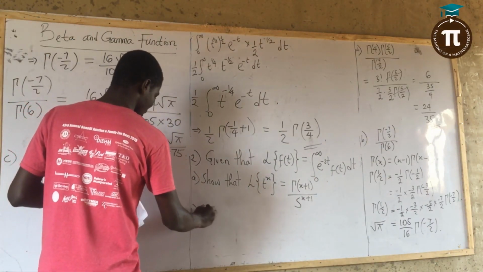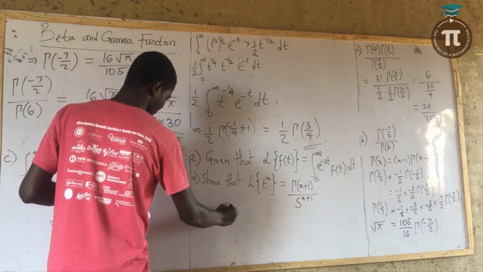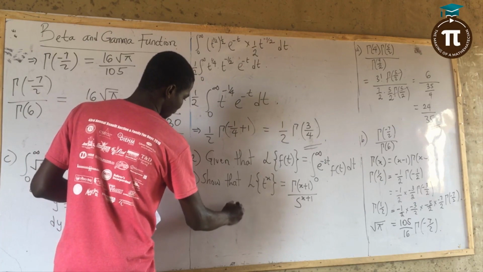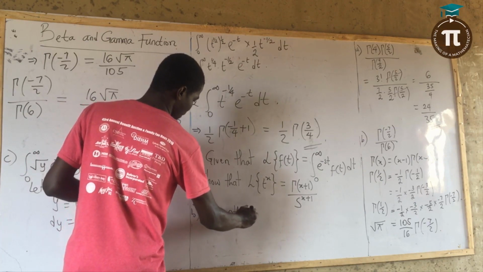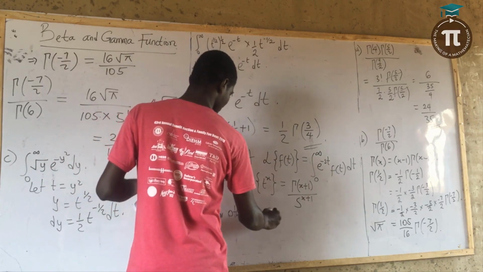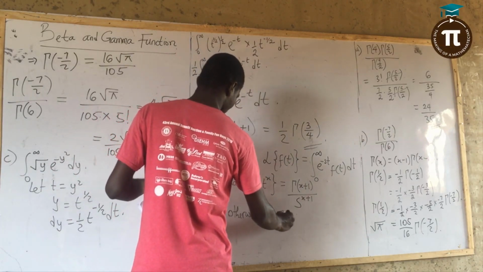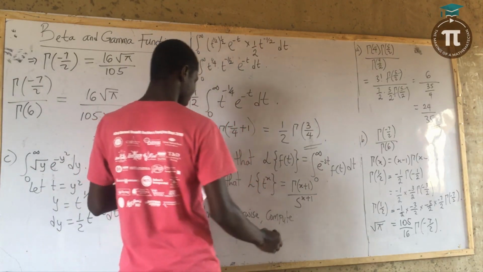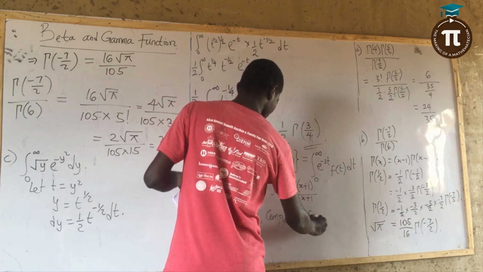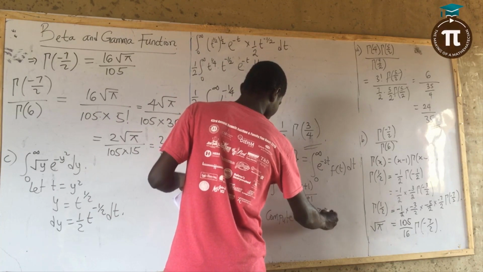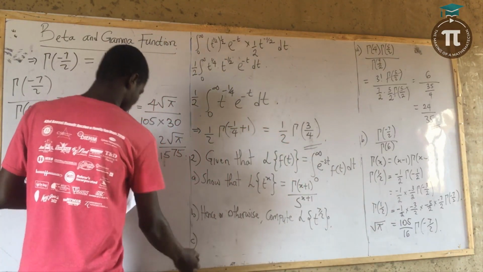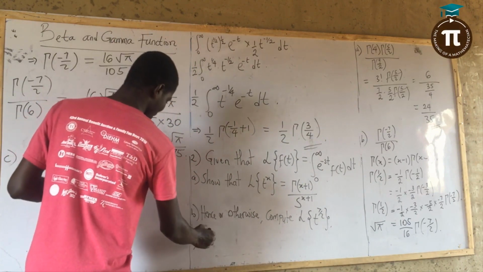That is the first thing we want to prove. The second one, hence or otherwise, compute the Laplace of t raised to power of 7/2.